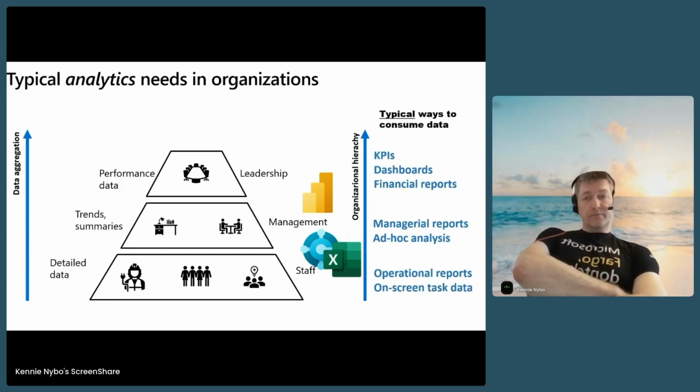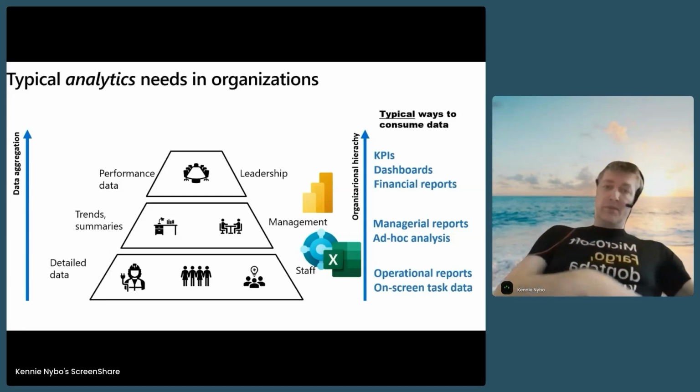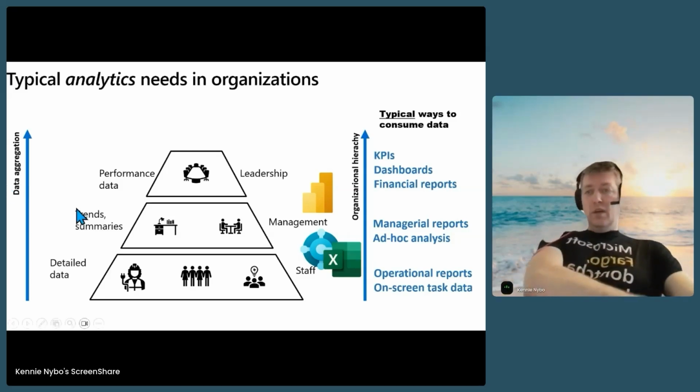Before we do that, I want to use what I call the BI triangle, a model to understand how typically users in organizations use analytics and reporting, because that's important in the types of things we do in this space. So the model goes like this.